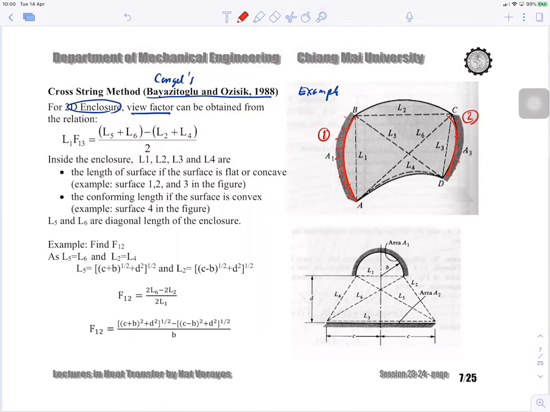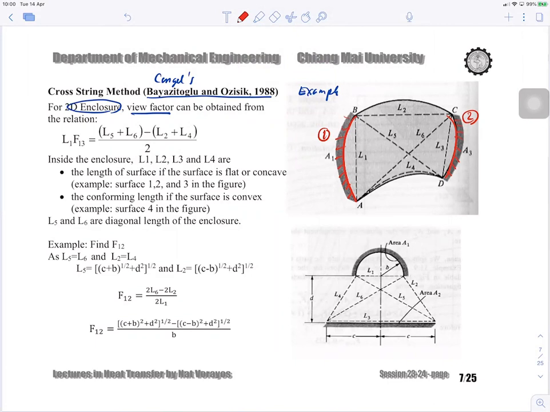However, we can think of them as an enclosure, in spite of the fact that it has only two surfaces. When it has only two surfaces standing apart like that, how do you make a decision that it is an enclosure?